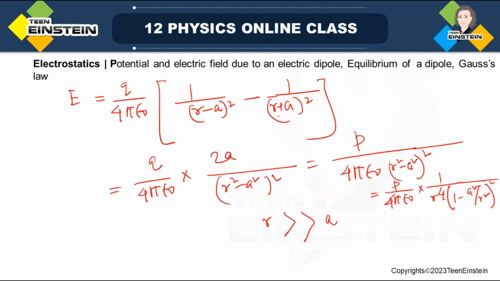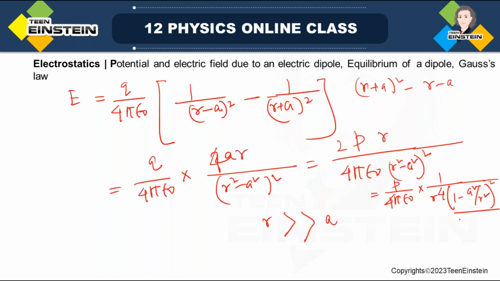I'm sorry, actually this will be r plus a whole square minus r minus a whole square, so this will be actually 4ar. Okay, 4ar, so this will be 2p by this one. Now there is one r also.